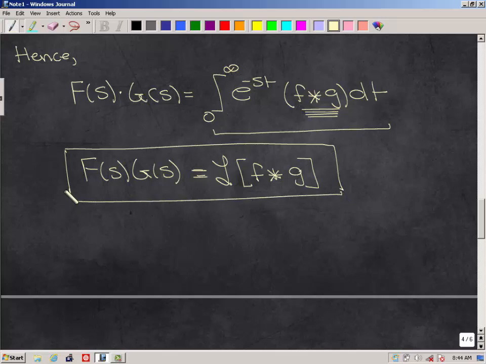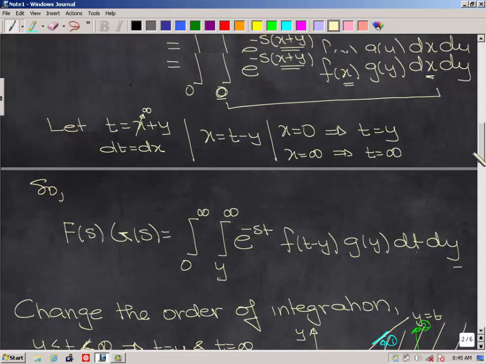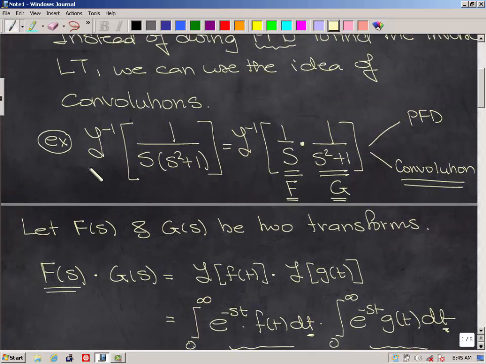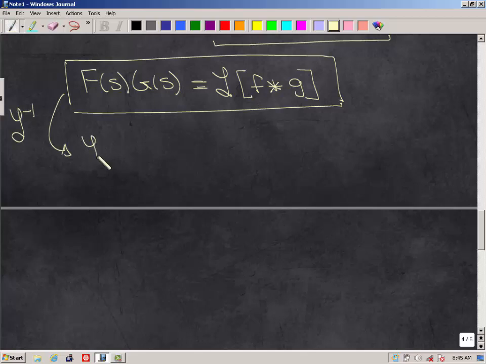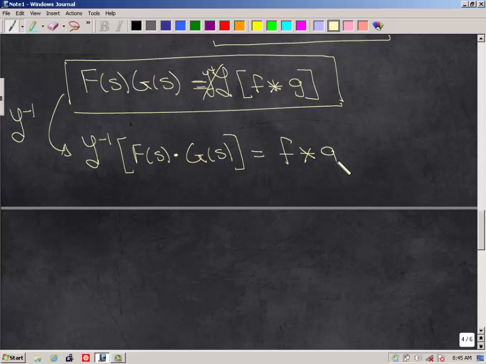If I take the inverse of this, which is what our goal is, to find the inverse Laplace, remember that's what we started with. I want to find the inverse of some product. So if I take the inverse of big F of s times G of s, a product of two transforms, on the right I'll get the inverse of this also, which will cancel, and will just give us the convolution.